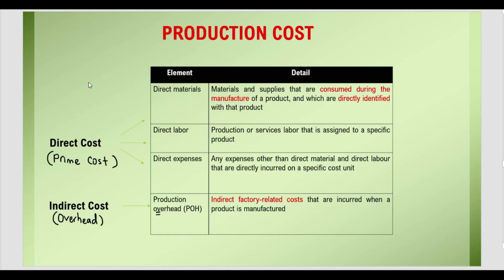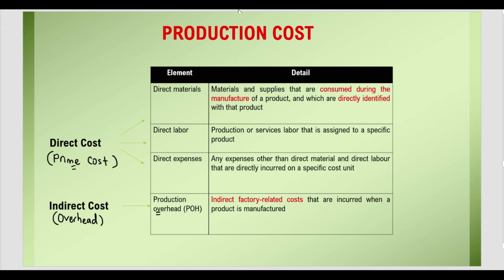Let's have a bit of a recap on the key formula of calculating production costs. Production costs include direct material plus direct labor plus direct expenses. All of these direct costs, we call prime cost.